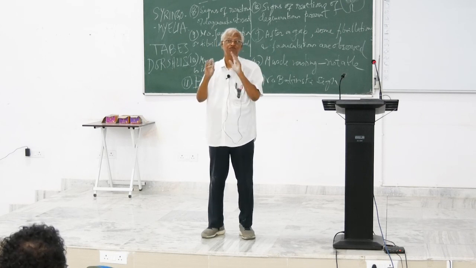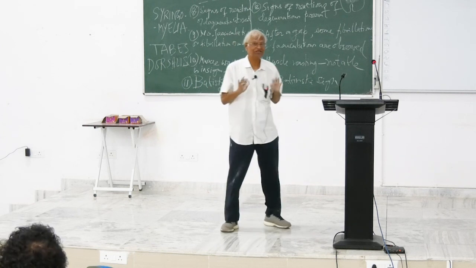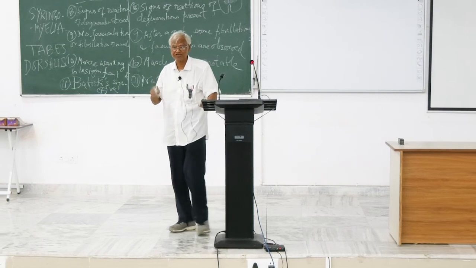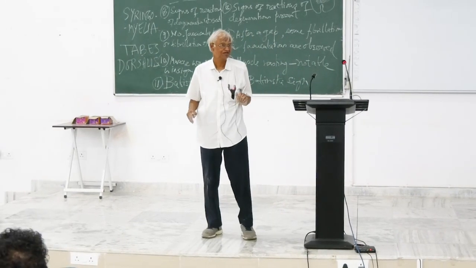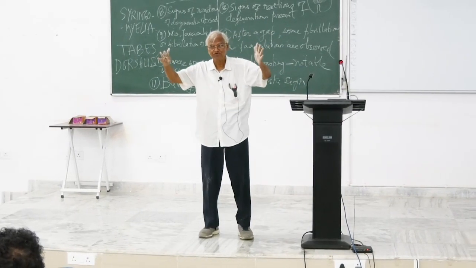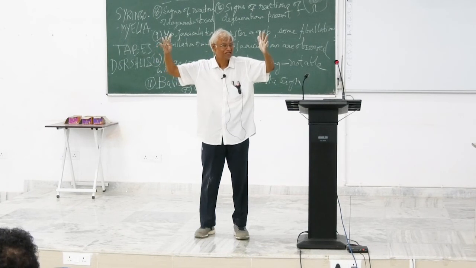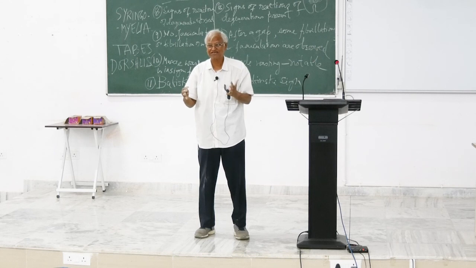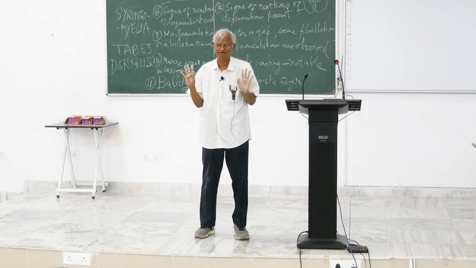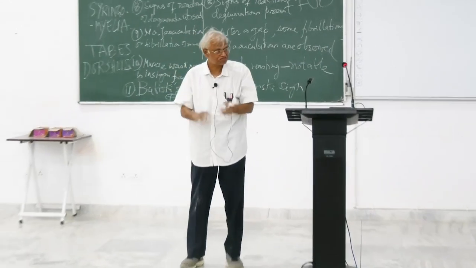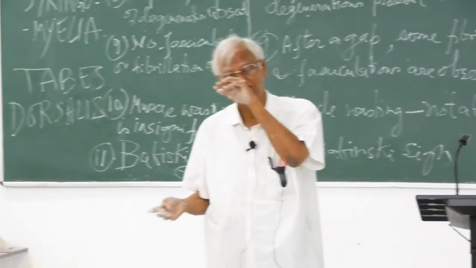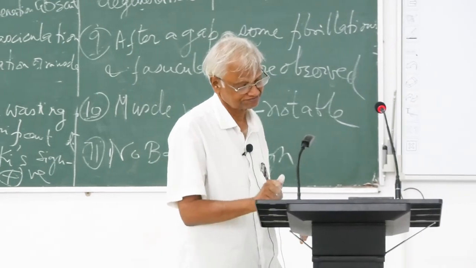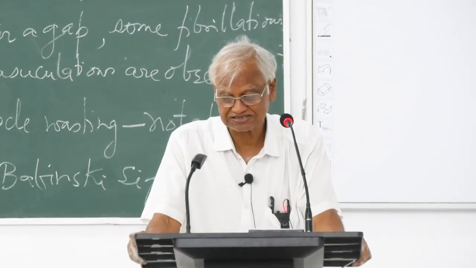Usually the person falls if there is some degree of classical tabes dorsalis, so when you ask the patient to show the rhomboid sign, always be there with your hands alert. If the patient really falls, you will have to catch him. If the rhomboid sign is negative, nothing will happen. If it is positive, the patient will fall and may sustain injury, so you will have to catch the patient before falling. So this is called rhomboid sign.